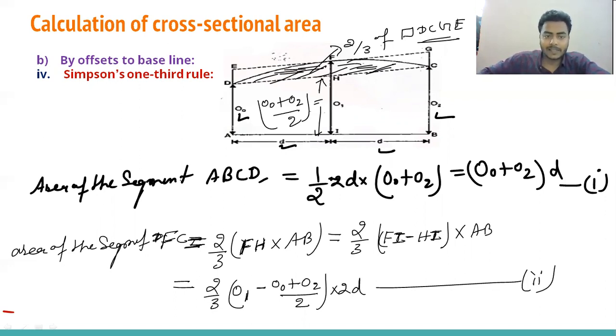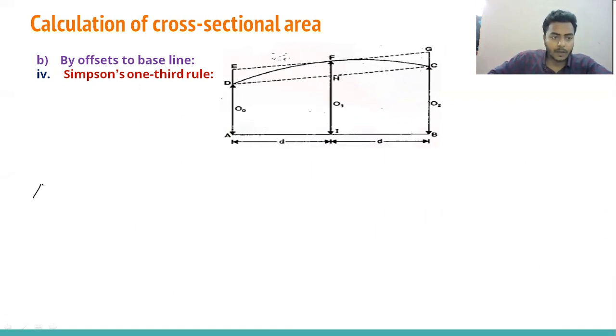Now, by adding the area of this segment ABCD and the area of this parabolic segment DFC, we can get the required area by adding two equations, right? So by adding two equations, we can get the required area. So that is what I'm writing here. I'm giving the proper symbol, that is 1, 2. 1, 2 means we are writing the area for the first segment, that is ABCD plus the parabolic segment DFC.